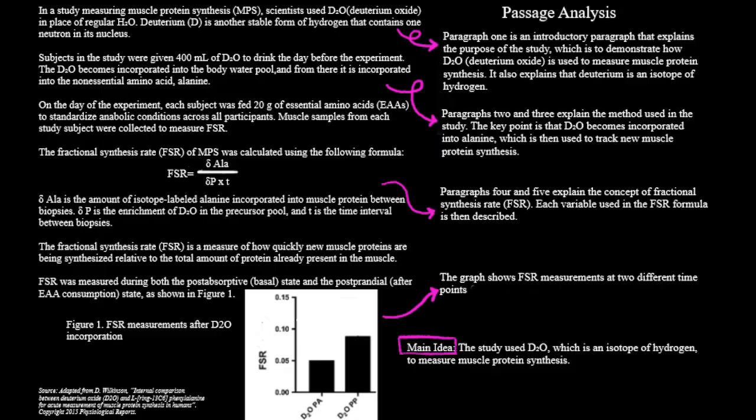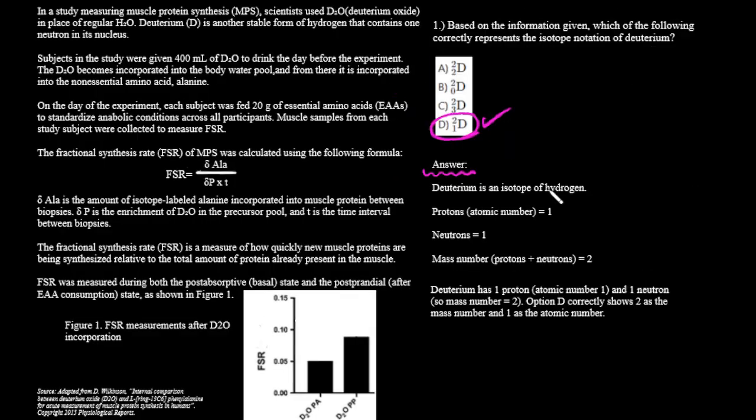The graph demonstrates that FSR during the postprandial state, or after consuming the amino acids, is higher than in the post-absorptive state. So overall, the main idea of the passage is that the study used deuterium, which is an isotope of hydrogen, to measure muscle protein synthesis.